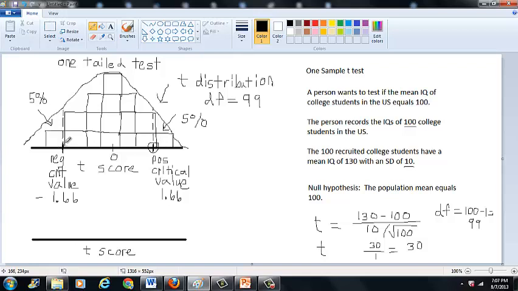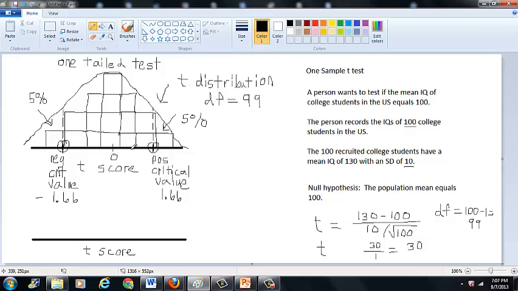If the person thinks the t-score will end up being negative in their data set, ahead of time they select the negative critical value and plan to compare their value to it. And if it ends up being a positive t-score, they're stuck, and they don't have a critical value to compare it to.